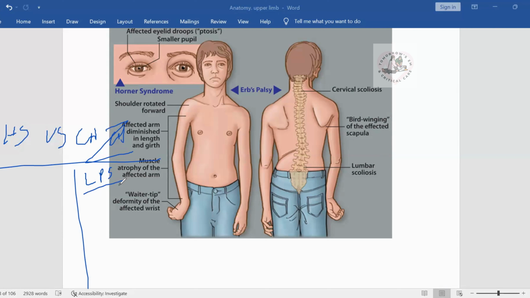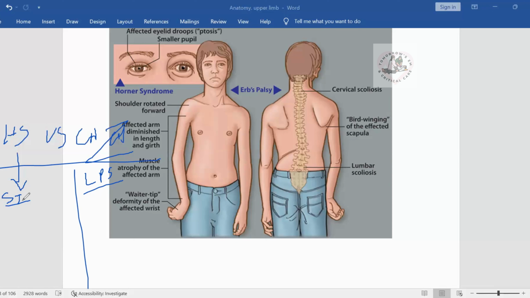Levator means it elevates the eyelid, pulling upwards. So this is the strongest muscle, and if it is paralyzed, the ptosis will be complete ptosis. But in Horner's syndrome, the affected muscle is the superior tarsal muscle. This is a little bit weak muscle. Number one differentiating point.